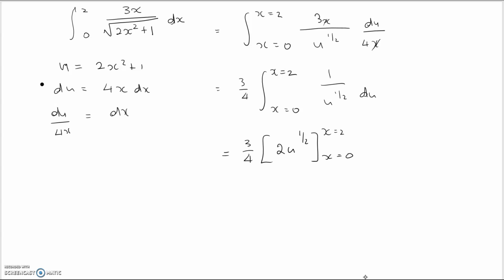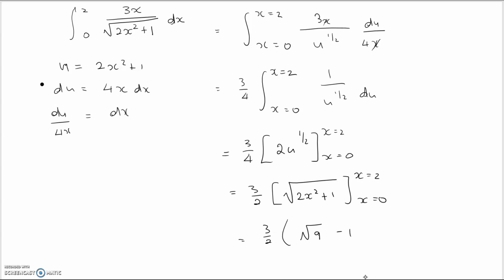And we can take out the 2 to make it 3 over 2, and we can put back in what u was. It was u to the half was the square root of 2x squared plus 1 between 2. Actually, I don't need the x's now. And that's nice and easy, which is equal to 3.